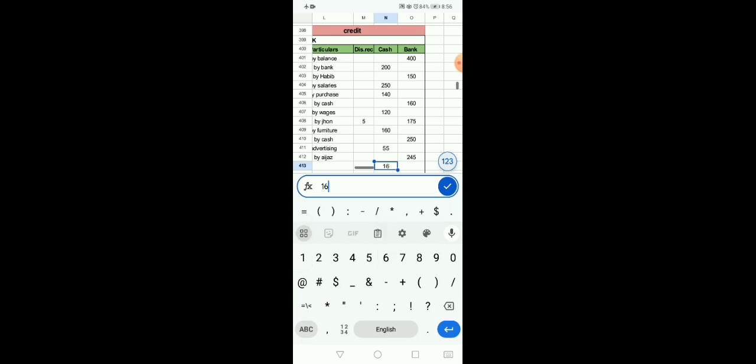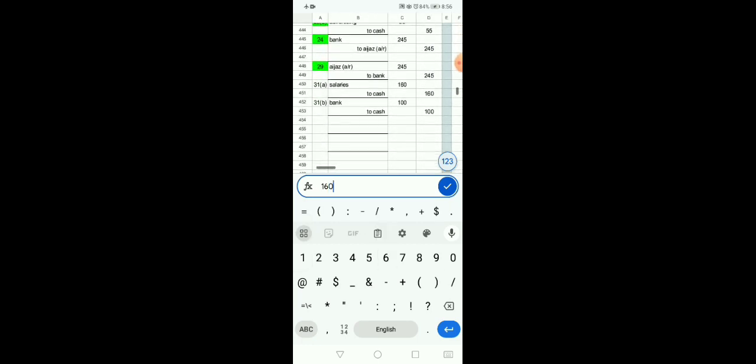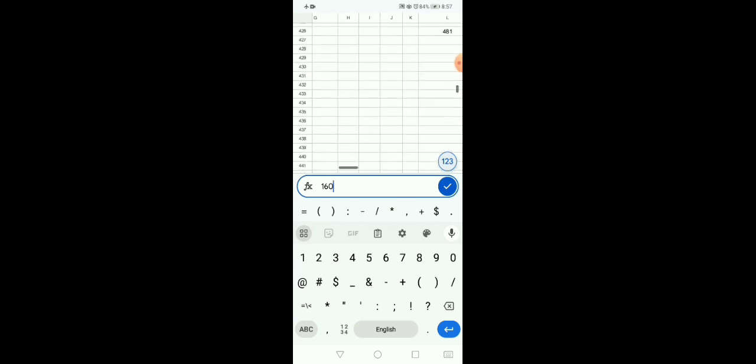Next entry is 31A, where there are two elements, but only one element is associated with the cash book. Cash is credited by 160. Go to the credit side of cash and write down 160 in the cash column. Now see its reference. What is written on the opposite side of cash? Salaries.